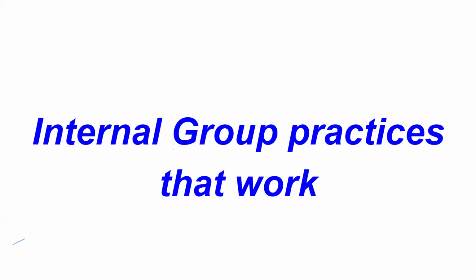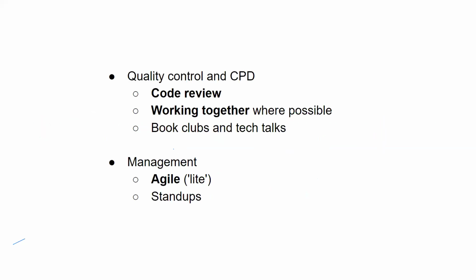So for example, internal group practices that do work for RSEs. These would be things that help with quality control and continuing professional development. So code review, where you work with someone who's maybe more skilled than you, or maybe the same level, and you're able to bounce ideas off each other and give each other a little bit of support and a second eye over your code. And working together wherever possible.